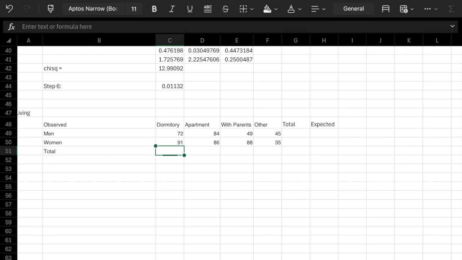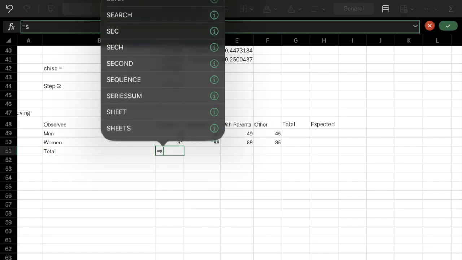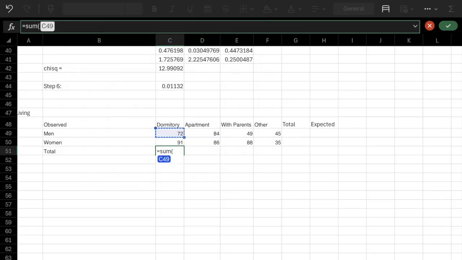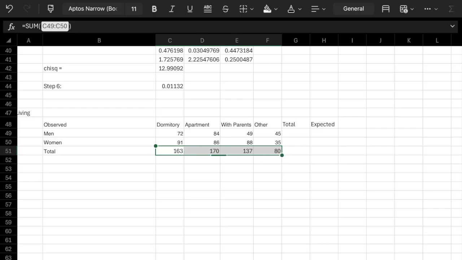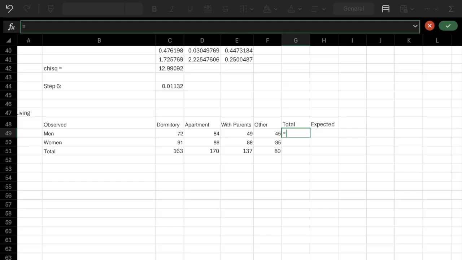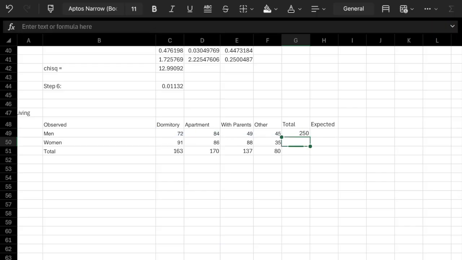Total equals sum. Enter. Command C. Command V equals sum. Enter. Drag. There it is.